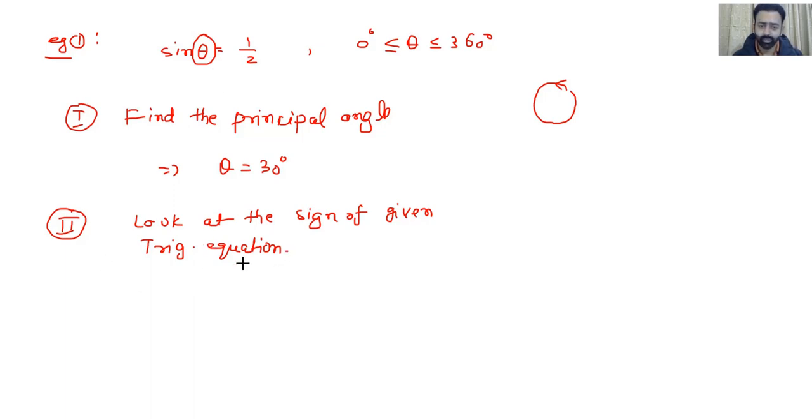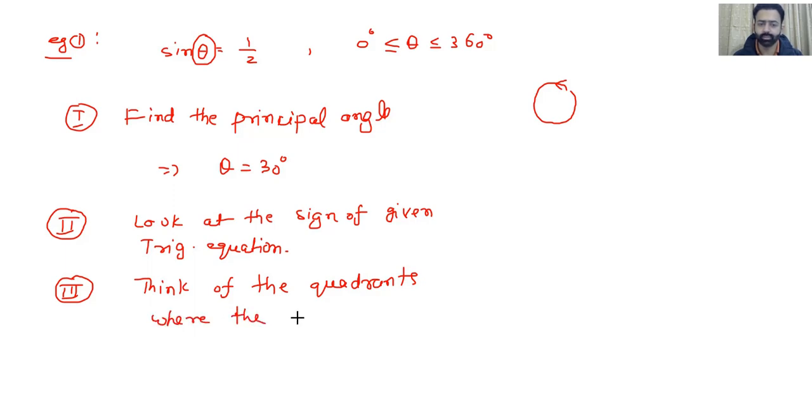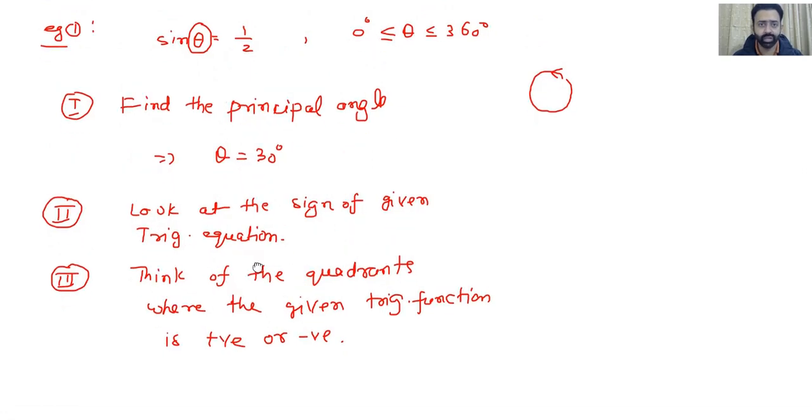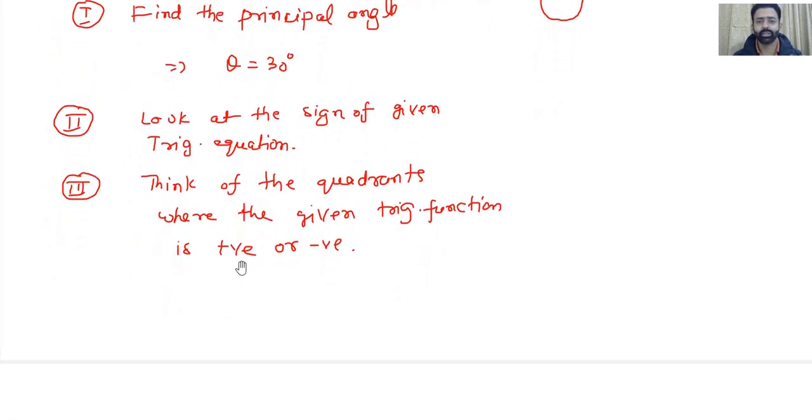Then think of the quadrants where the given trigonometric function is positive or negative, as the case may be. So in this case, sine theta is given as positive. So we have to think now that sine theta remains positive in the first and second quadrants.